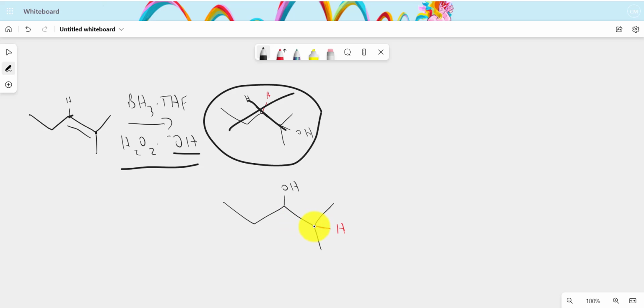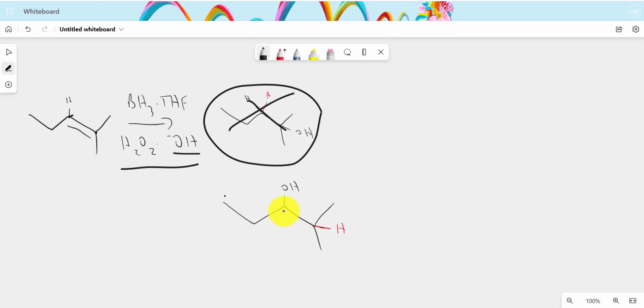Redrawn, this is a tertiary carbon, and since it's anti-Markovnikov, the hydroxyl will not go here. The hydroxyl will go here. This is the secondary carbon, the least substituted. The alcohol goes on this position. Now if I were to name this, I could start from here and go 1, 2, 3, 4, 5, or I could start from this side, 1, 2, 3, 4, 5.